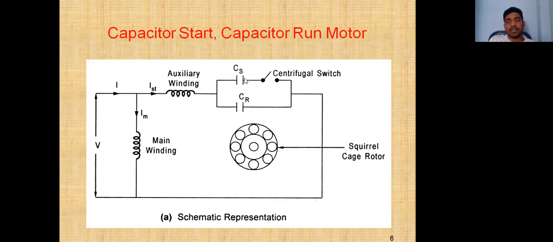The starting capacitor is present only at the time of starting, with the help of the centrifugal switch. After some time the centrifugal switch opens and the starting capacitor is removed from the circuit, but the auxiliary winding and running capacitor remain in the circuit.